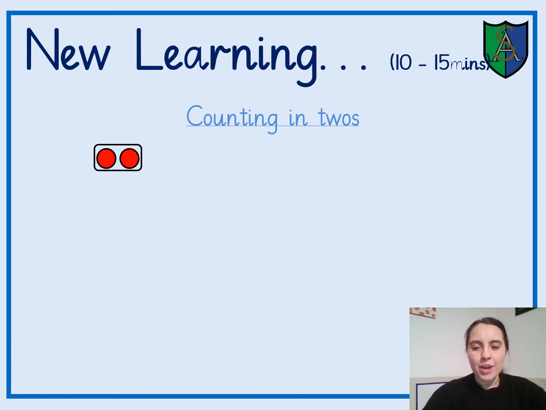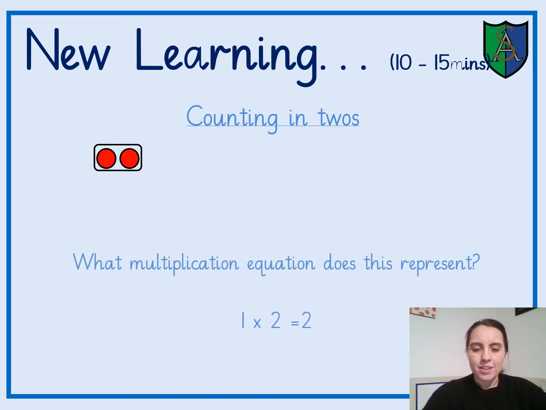Okay, now we're going to look at the equations for each of these equal groups of 2. So here's the first one. The multiplication equation is 1 times 2. There is one group of 2 here, and that equals 2.